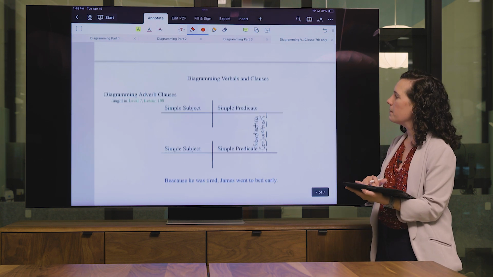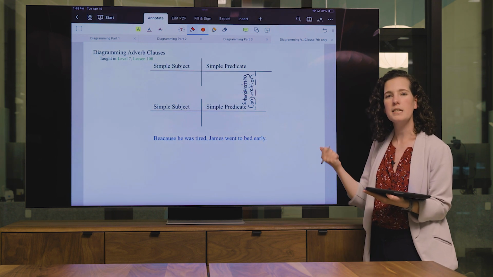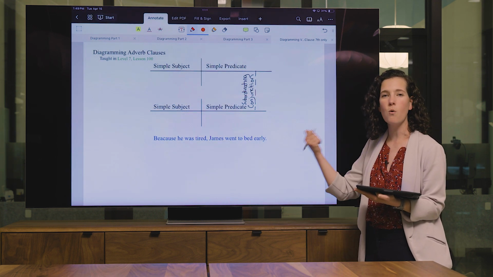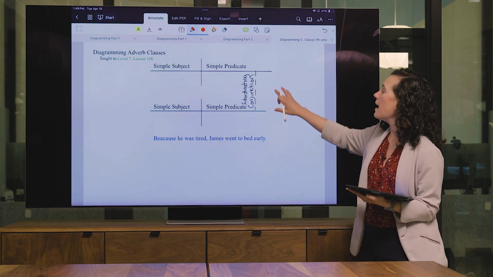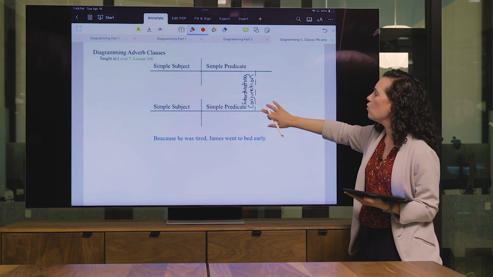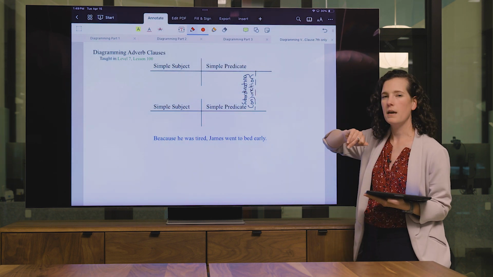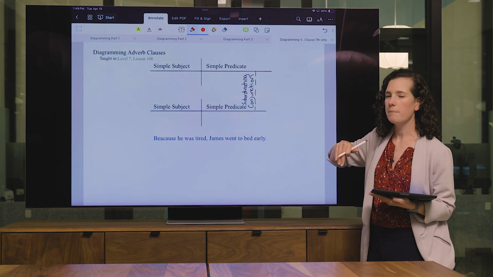Now this last element is diagramming adverb clauses. An adverb clause is the same as saying a subordinating clause. They use subordinating conjunctions. They are very similar to compound sentences because you'll have two clauses that act independently, but there's that subordinating conjunction between them.